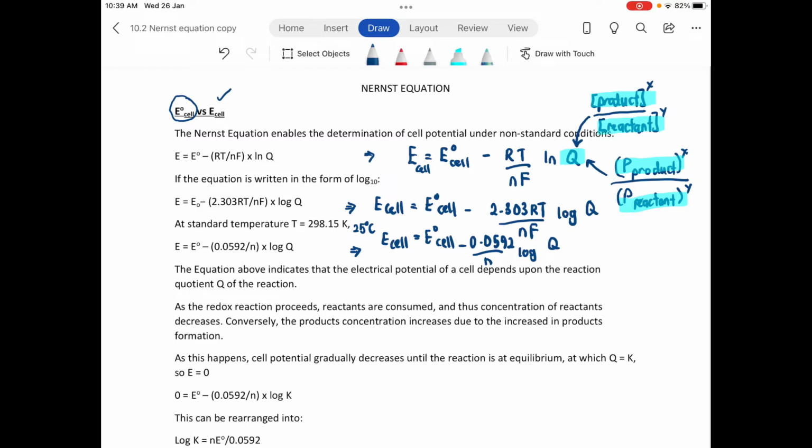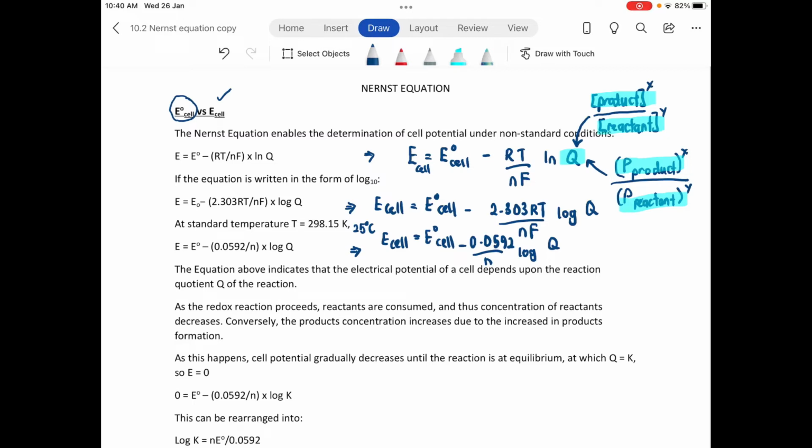As the reaction continues, kita nanti akan sampai satu tahap yang kita punya reaction tu akan capai equilibrium. Okay, bila capai equilibrium tu, maksudnya kita punya potential between anode and cathode tu dah sama.